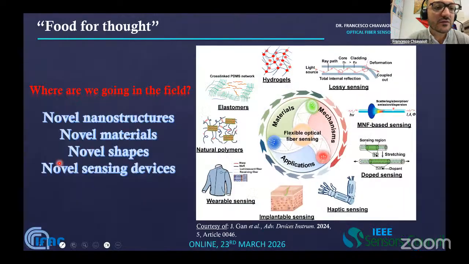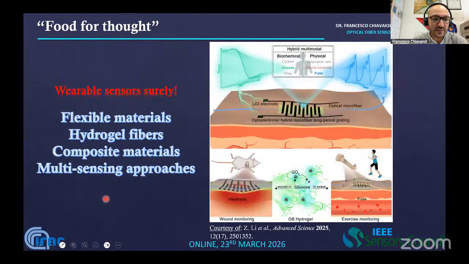Finally, I will give you some food for thought, some ideas for young students, but also for senior people working in this field. So where we are going in the field. For sure, we are looking for novel nanostructures, novel materials, novel shapes of the material, and novel sensing concepts.